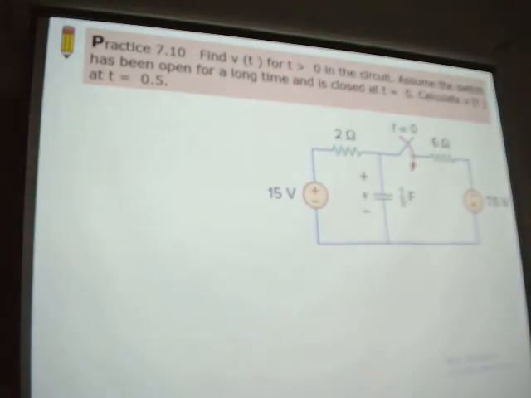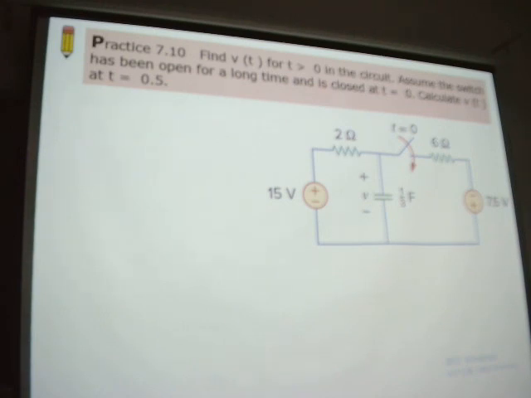Can I calculate Thevenin when the switch is on A? Can I calculate RTH when the switch is on A? No, because our target is for t greater than 0.